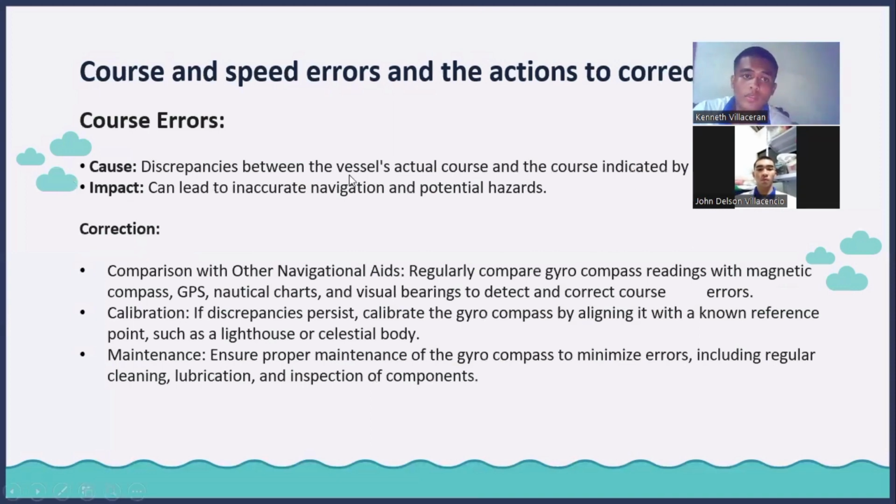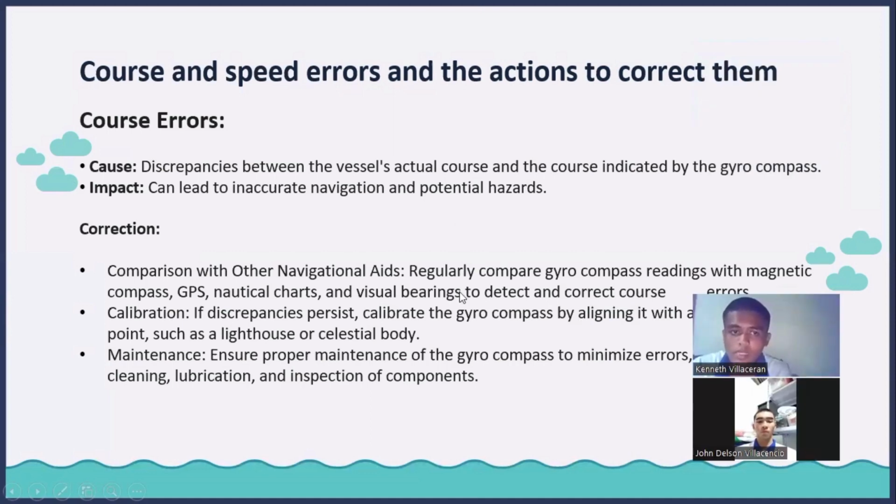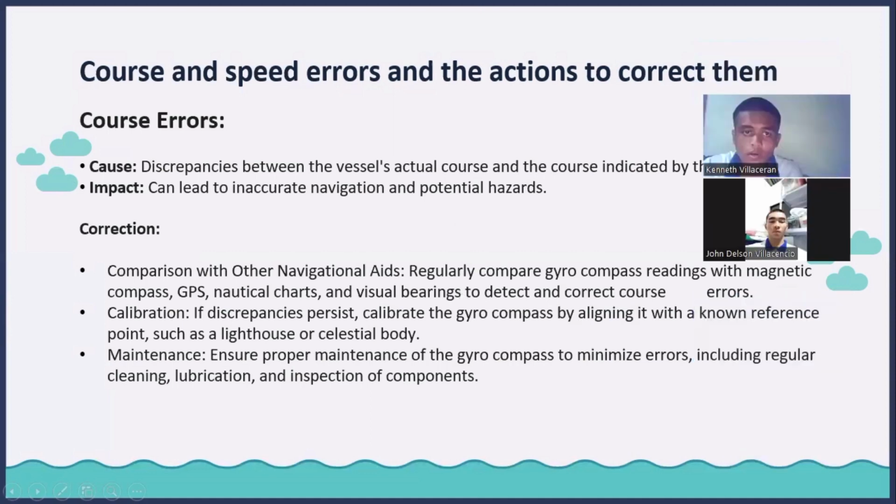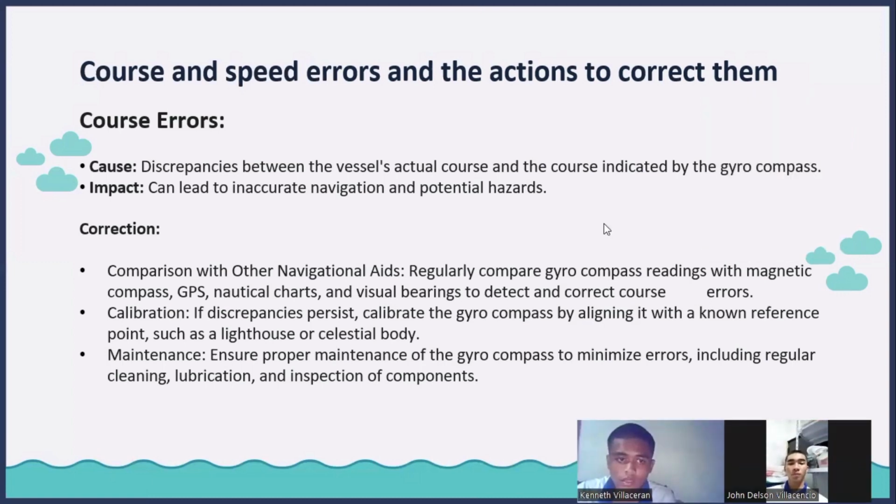Course errors. Course errors are discrepancies between the vessel's actual course and the course indicated by the gyro compass. The impact of course errors can be inaccurate navigation and potential hazards. For the correction of course errors, first is comparison with other navigational aids.